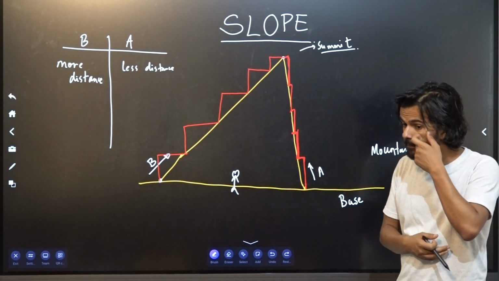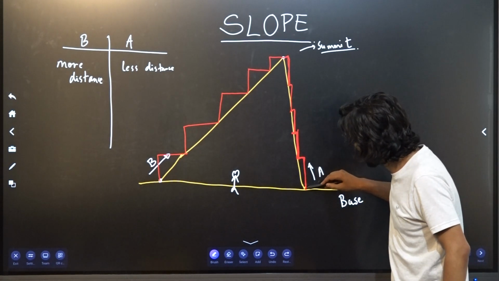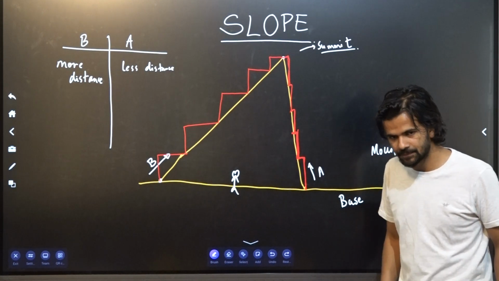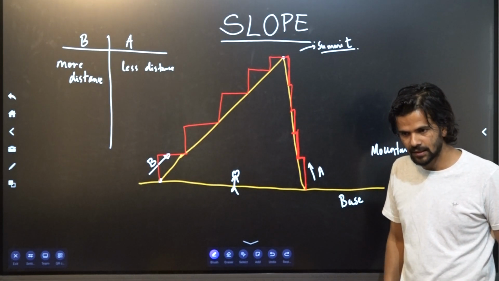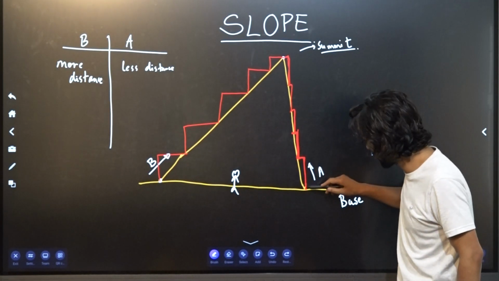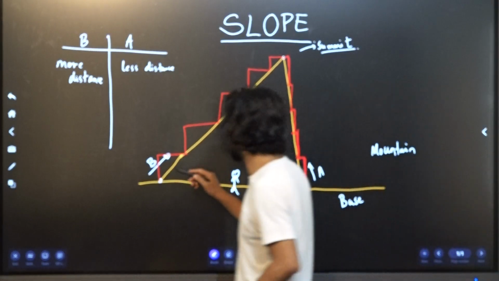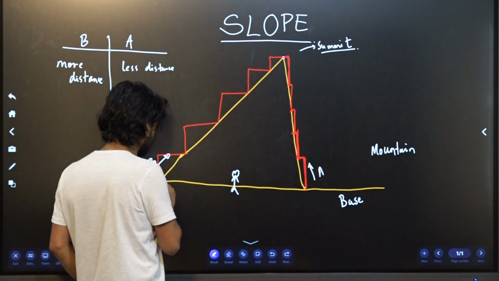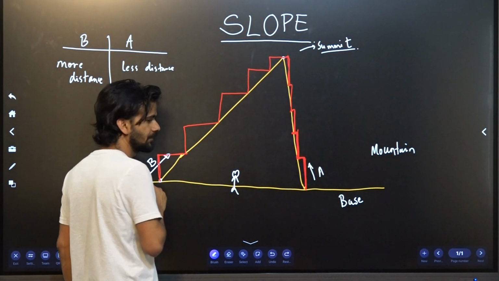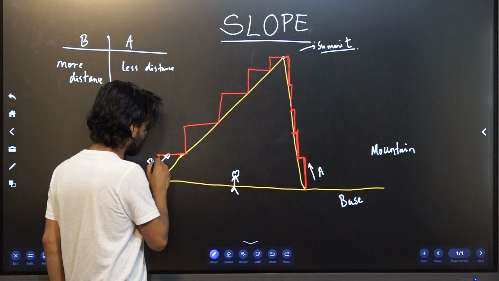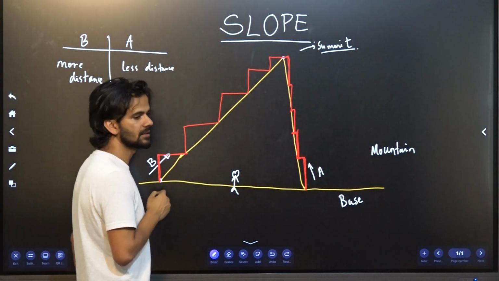Yes. What is happening? The rate at which you are covering the vertical distance is higher than the rate at which you are covering the vertical distance in this direction, right? So here you go up and then you cover all this distance this way.